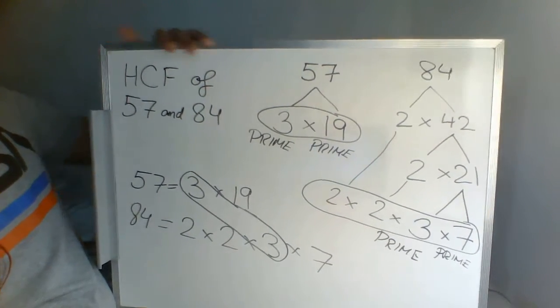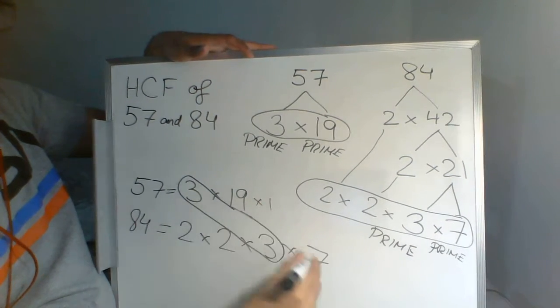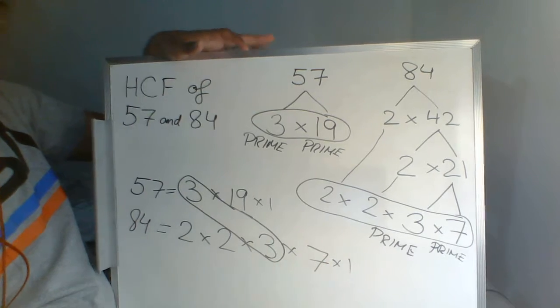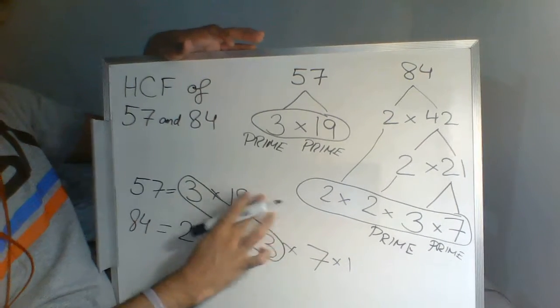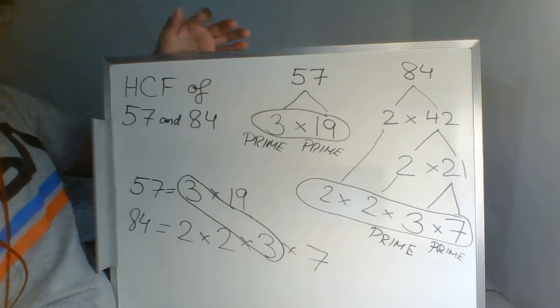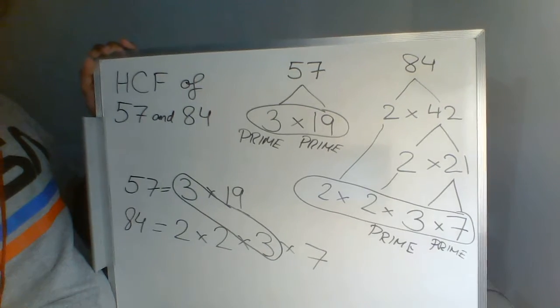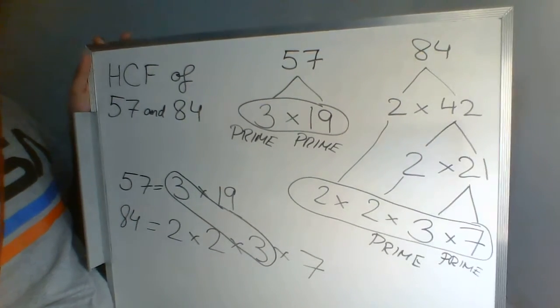The only common factors of these two numbers are 3 and, well, technically 1. You could also say 1 is a factor of both of those, but it's neither prime nor composite, and we tend to ignore it generally. But 1 can be important, and we'll come across that in the near future, hopefully.